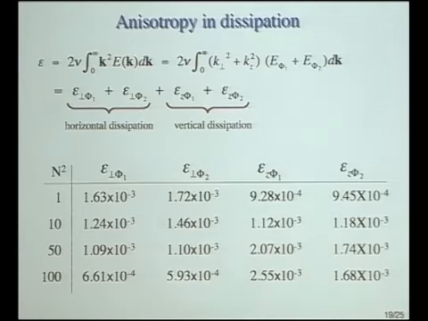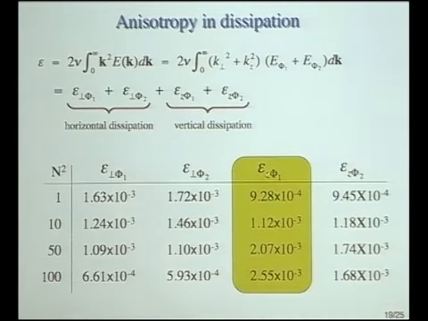So the dissipation becomes almost stationary for the phi2, which is a wave energy in the vertical. But the most interesting thing is this quantity, which is dissipation of horizontal energy in the vertical direction.